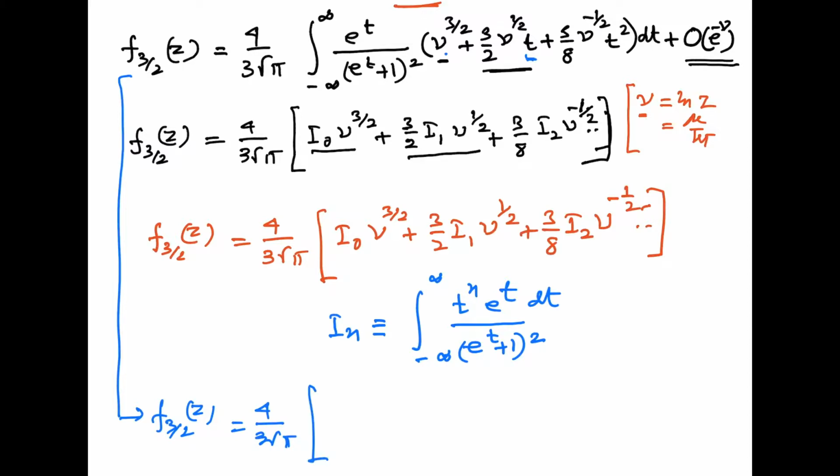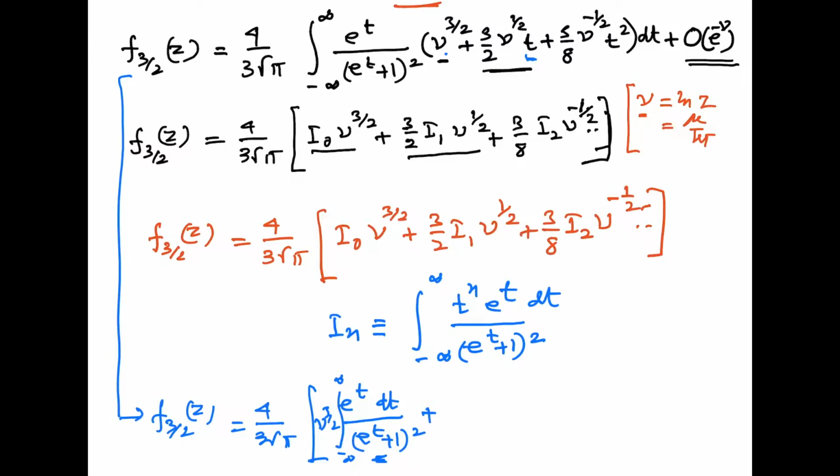The first term will be the integral from minus infinity to plus infinity of e to the power t dt divided by e to the power t plus 1 whole square, and this nu to the power 3 by 2 is outside. So this is I naught.